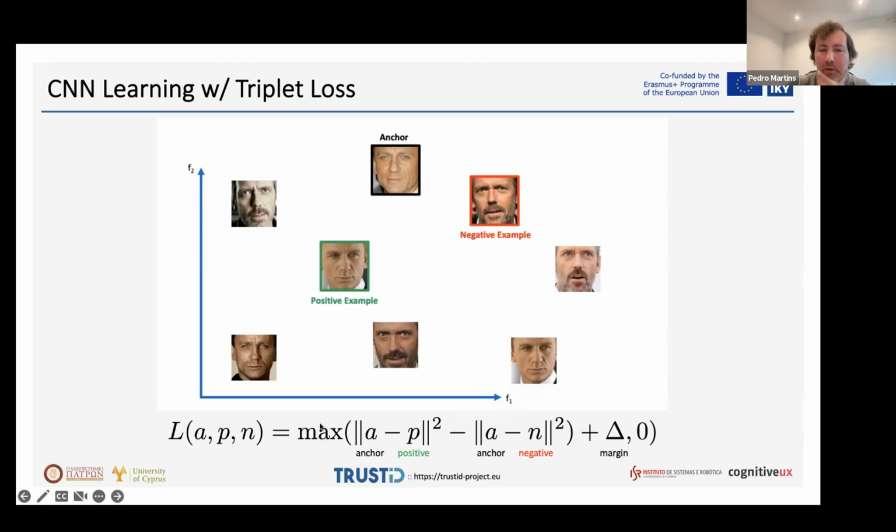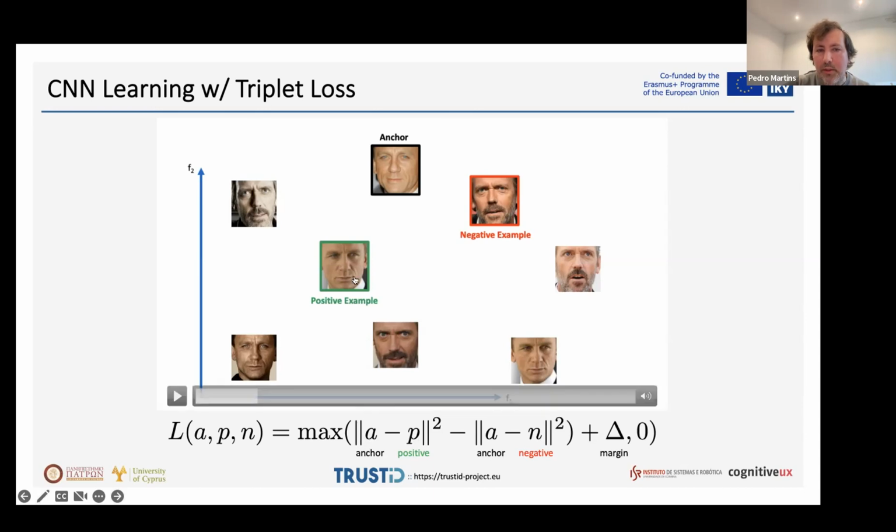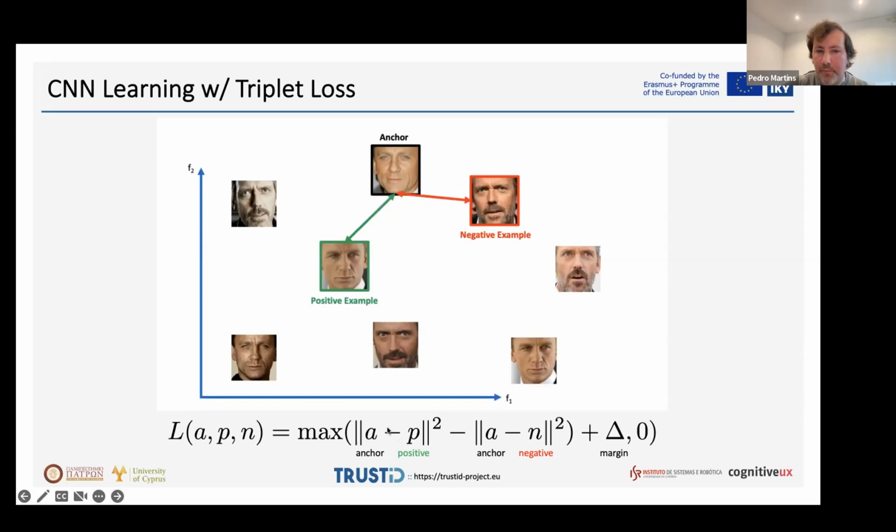The max over here is just the max between this value and 0. So the max is only to have positive values on this loss. And we have 2 terms. The first term is the distance between the anchor and the positive, this part over here. In here, this is a simple approach only using an L2 norm.